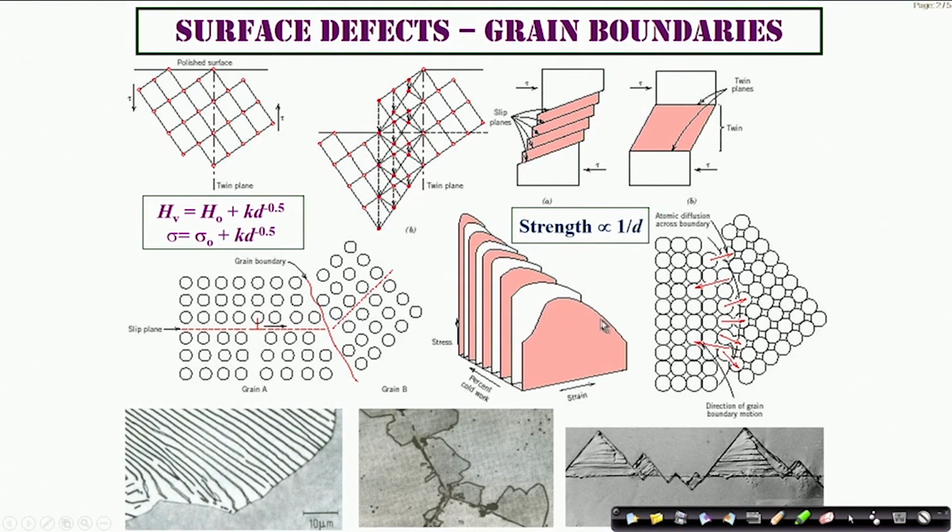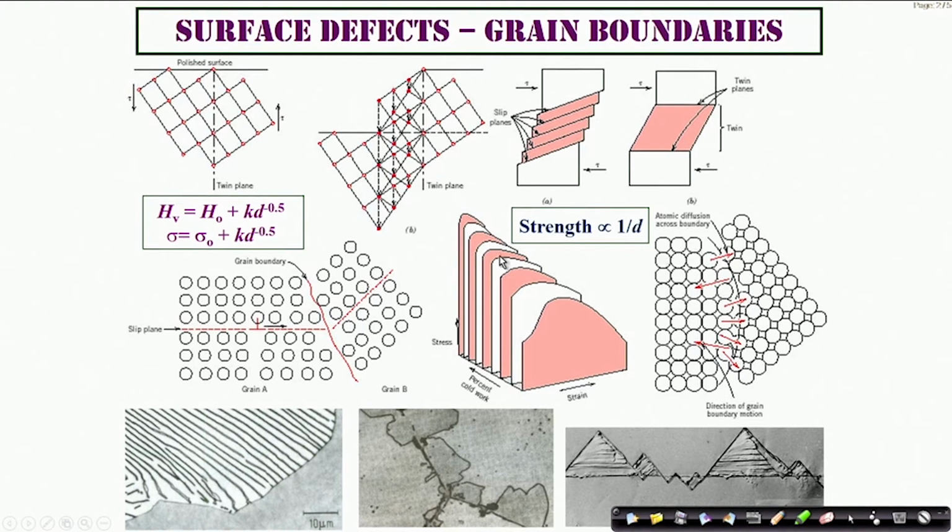2 dimensional defects. These 2 dimensional defects arise because, for that matter, if you simply join 2 solids, irrespective of whether they are crystalline or non-crystalline, at the interface or the boundary, you will certainly see some disruption of continuity.